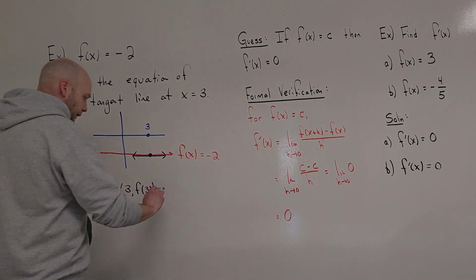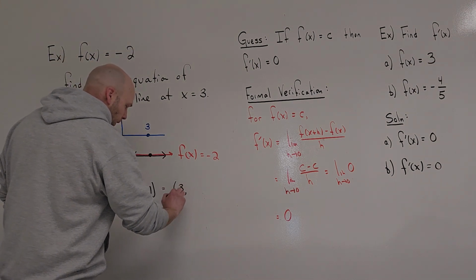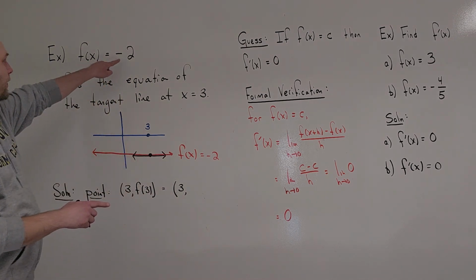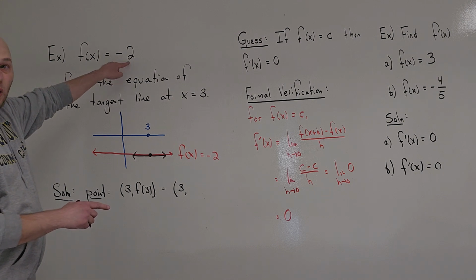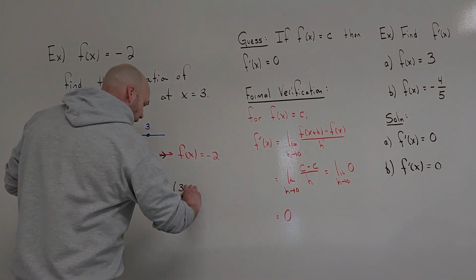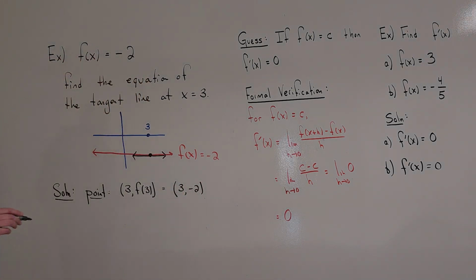Therefore the point of tangency would be 3 comma, and if I evaluate the function at 3, well, f of x is -2, meaning the output is -2 no matter what the input is. This would give me 3 comma -2. All right, that's this point right here. That's the point of tangency.